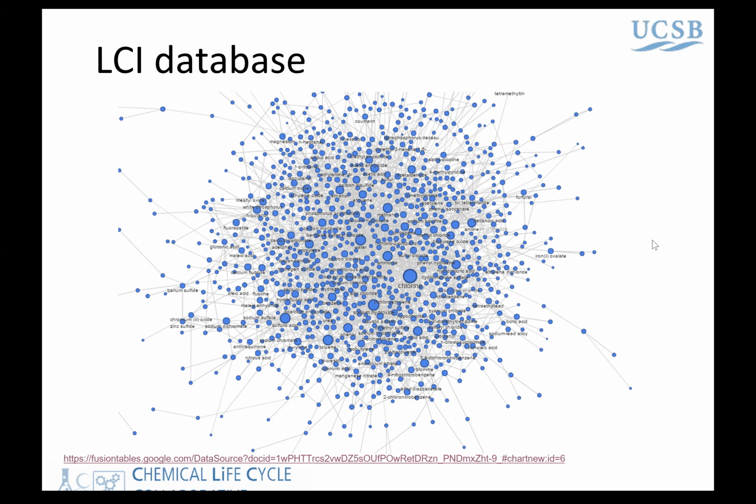If our user's input belongs to one of these disconnected chemicals, which we often call a small island, the user input will end up at a dead end, meaning that we cannot generate the full LCI for those chemicals. We have only a few small islands, so it's not a big problem in our current database, but we are still working to eliminate them, so that all of our users' input chemicals will eventually link to some basic building block chemicals where we have very accurate LCI information.